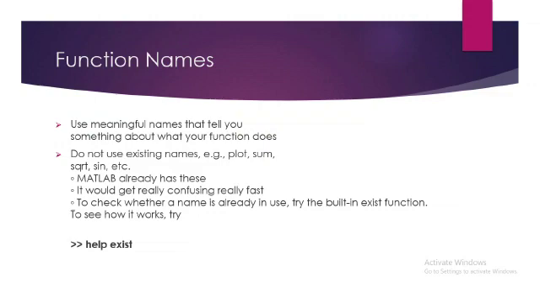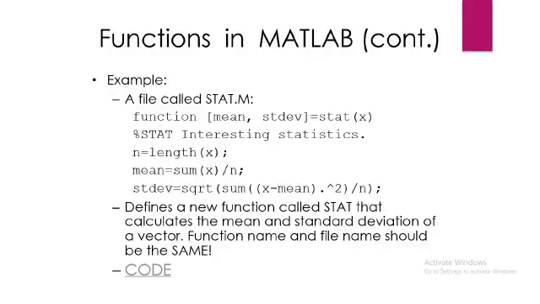Of course you can use something like plot underscore v2. I'll be showing how exactly we use it. And if you want to check any existing function, you can just type help space exist.